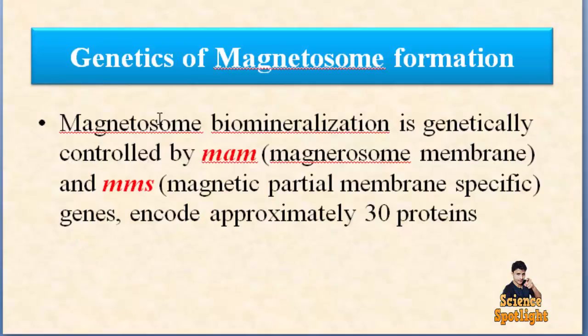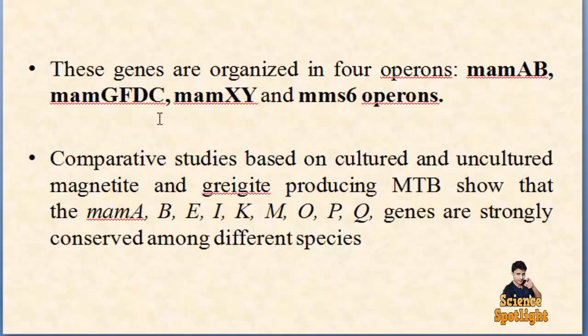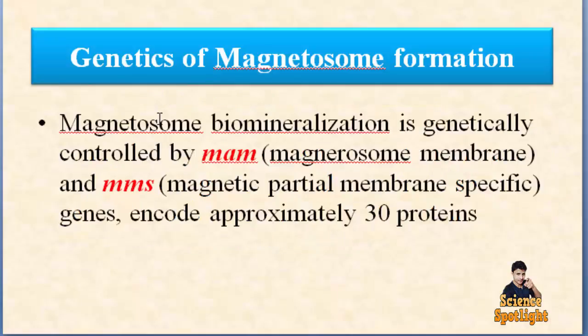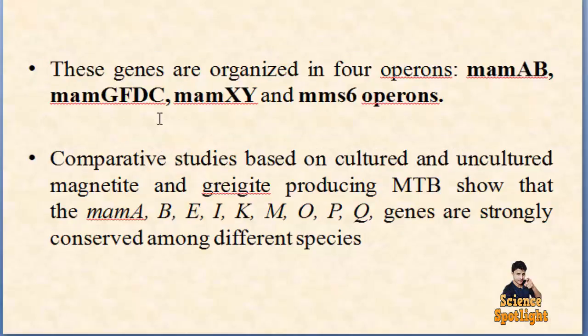Coming to some genetic aspects of magnetosome formation, we know that magnetosome biomineralization is generally controlled by two types of genes: MAM genes and MMS genes. MAM means magnetosome membrane genes, and MMS means magnetic particle membrane specific genes. These two gene groups control magnetosome formation, and approximately 30 proteins have been identified as involved.